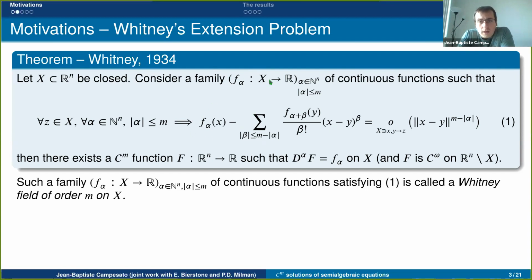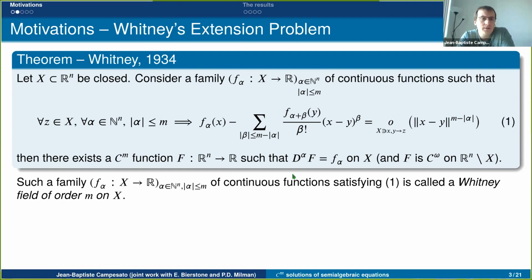When you have such a family of continuous functions satisfying this condition, we talk about a Whitney field of order m on X. What Whitney proved is that given such a Whitney field, we can construct a C^m function big F, which is defined everywhere on the Euclidean space, and such that the partial derivatives of big F restricted to X coincide with the prescribed f_alpha. Here these are simply the partial derivatives as usual: you take x_1, you compute the derivative with respect to x_1 alpha_1 times, with respect to x_2 alpha_2 times, and so on.